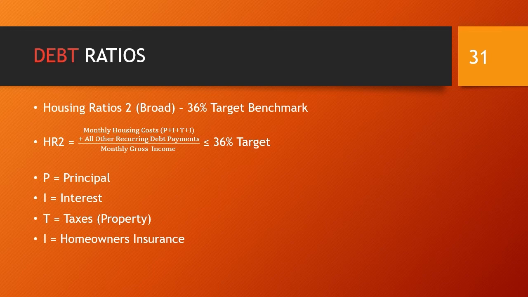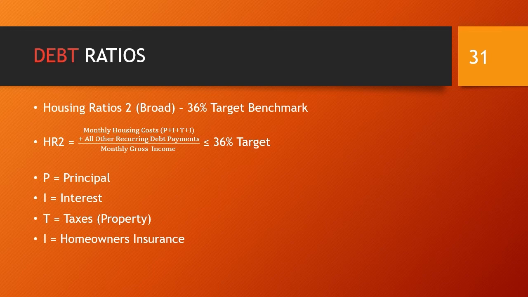Well, the bottom is exactly the same as our former one, the 28% ratio. What's on top? Well, PITI's on top. We're already used to that. We know what that is. What else is on top? All other recurring debt payments, like student loans, like car payments, right? Any other recurring debt goes on top, okay?